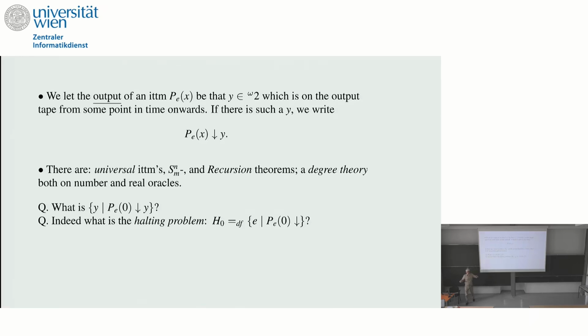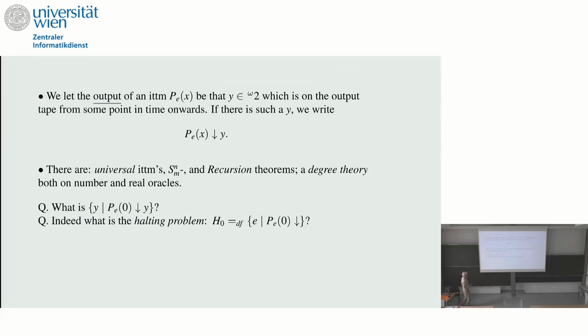The machine doesn't have to halt. We could have said that, but this is more general. It's just what's on the output tape. We consider the potential output, in which case we'll say the computation converges, down arrow. If it doesn't stabilize, then it's up arrow.